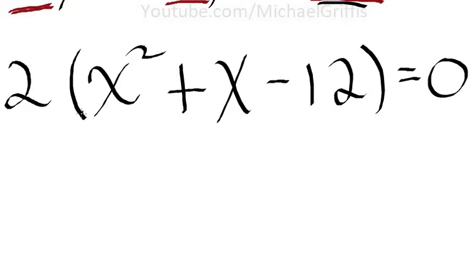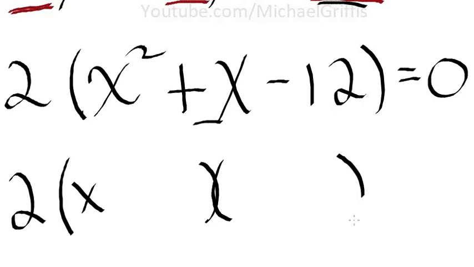We need two numbers that multiply together to give us negative 12, and when we add them, we get positive 1. That's the coefficient in front of x that we can't see, that we don't write.